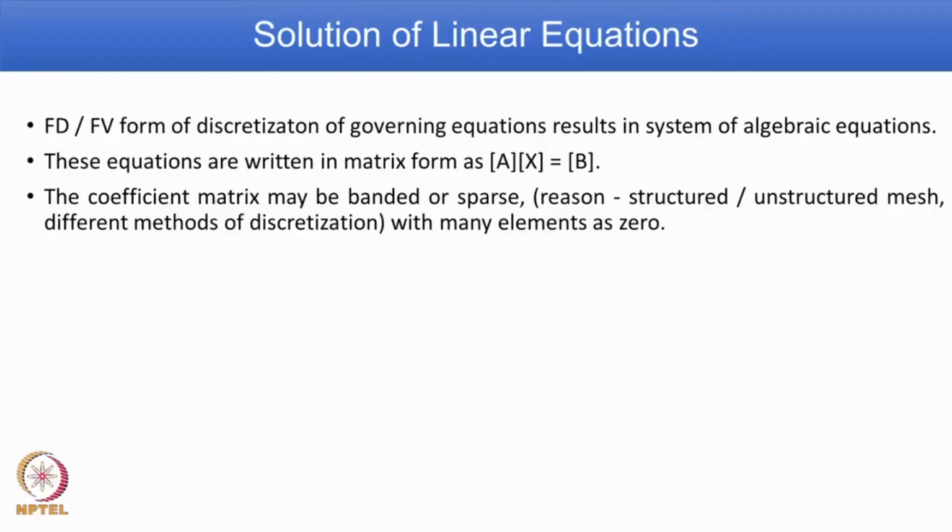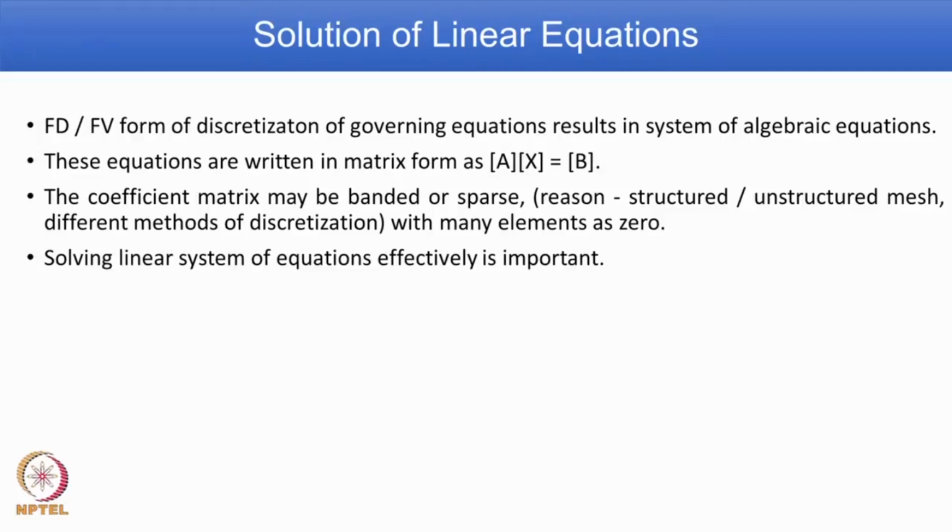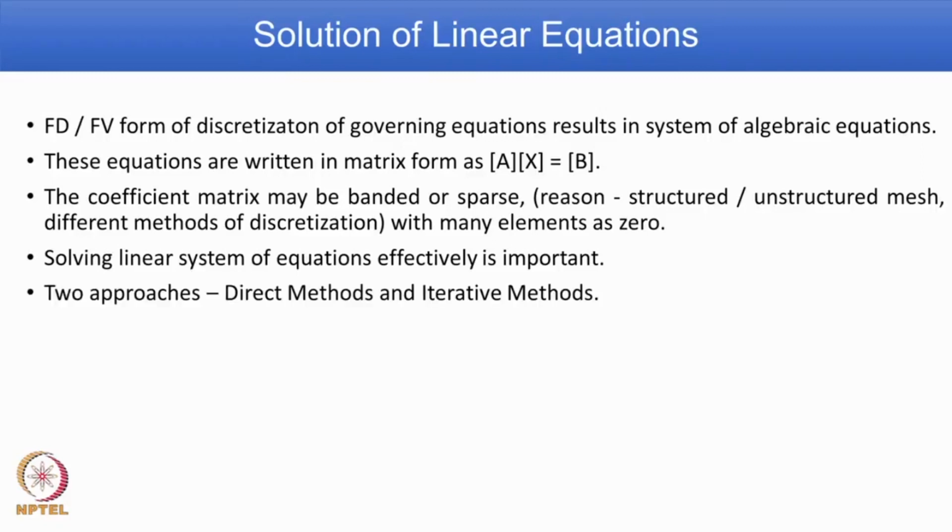So, if we put them together, it may not result in a banded structure. And we also observe the coefficient matrix has many 0 elements. So, solving such a system is very important because it affects solution accuracy and it takes computational time enormously.